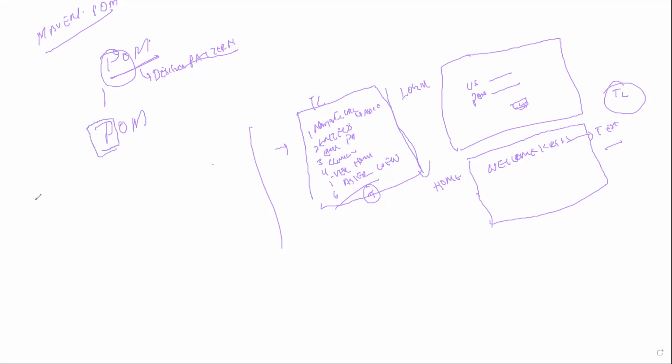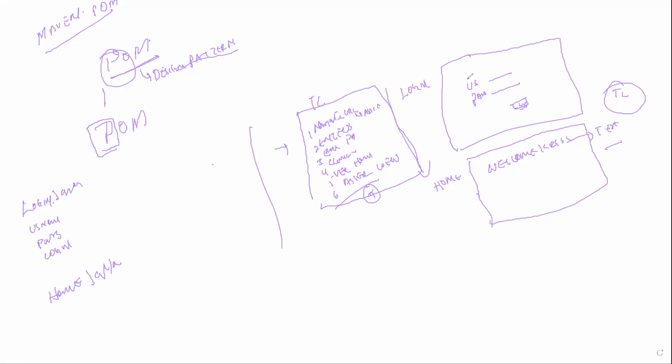Now here, how many pages do we have? I have the login page, and then I have the home page. So I'll create a class file called login.java and a class called home.java. In the login page, what objects am I trying to use? I'm using username, password, and the login button.